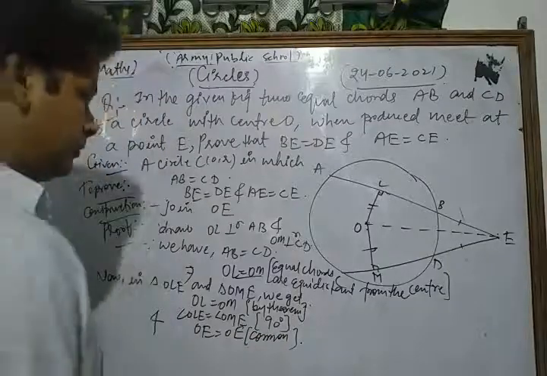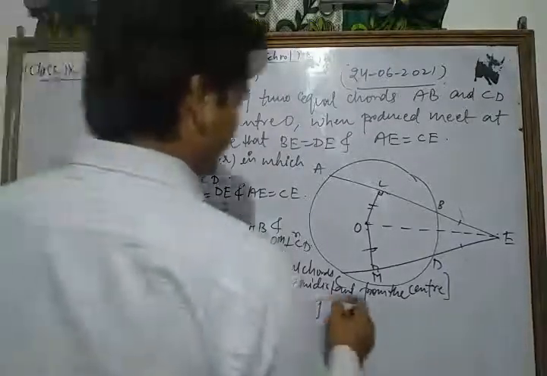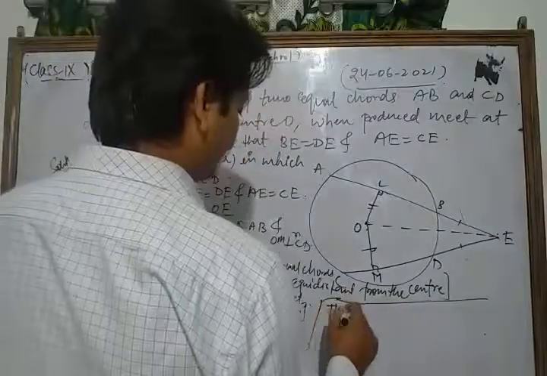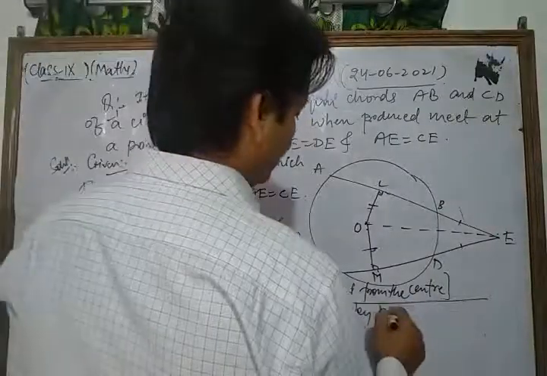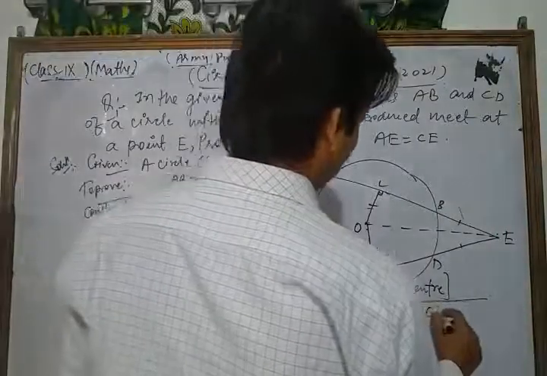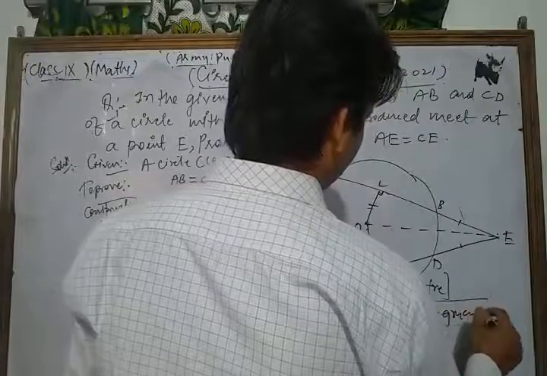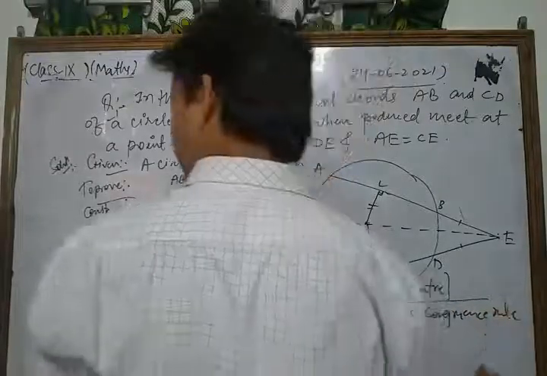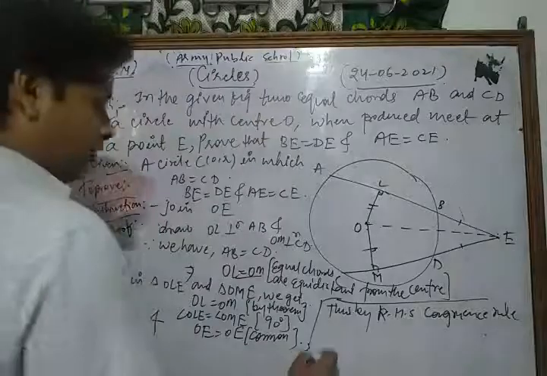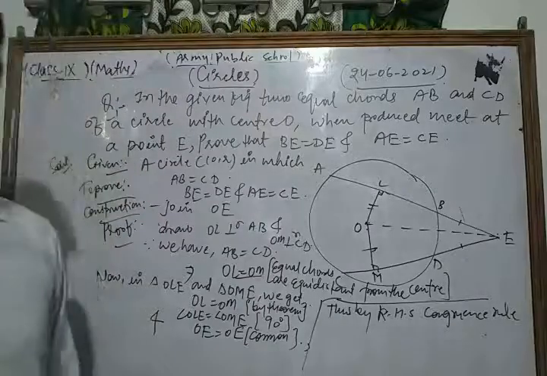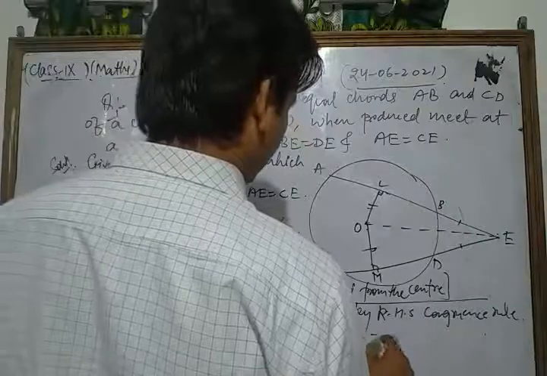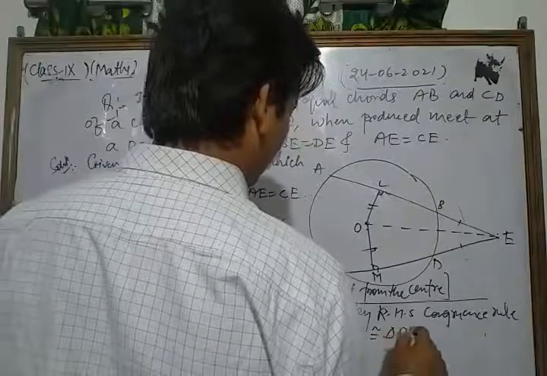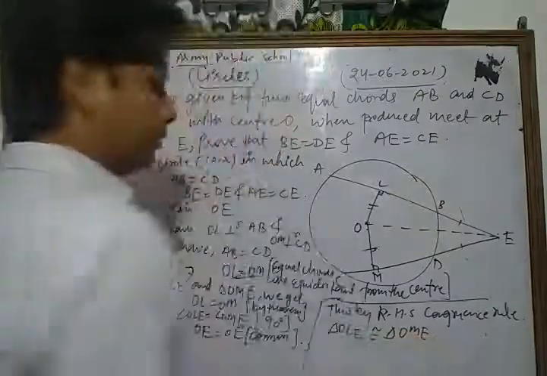Thus, by the RHS congruence rule, triangle OLE is congruent to triangle OME.